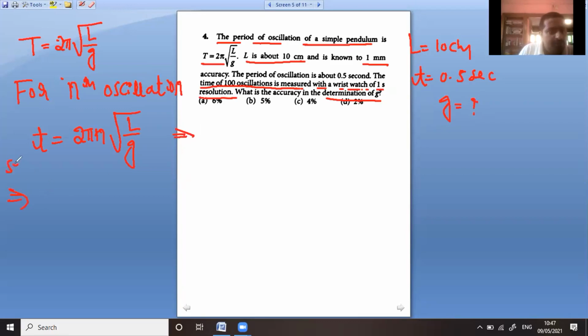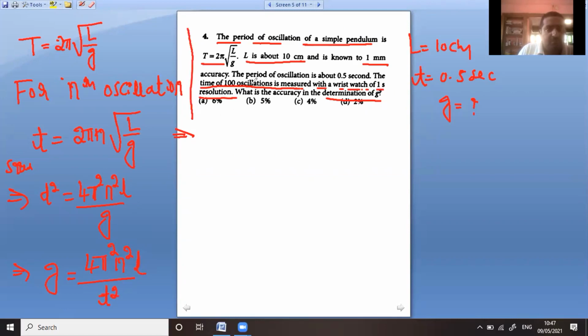Squaring on both sides, T square is equal to 4 pi square n square L divided by g. So g is equal to 4 pi square n square L divided by T square.